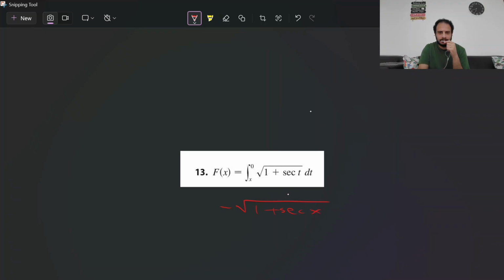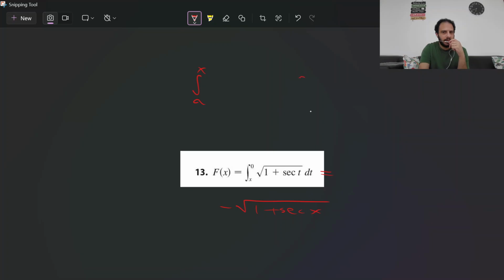First, you have to do like root 0 plus secant 0 minus root of 1 plus secant x. So it becomes negative. No, the idea here, the rule tells you from a to x, right? But here you have x to 0.